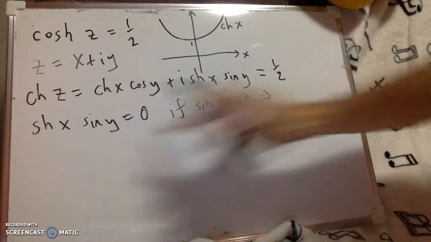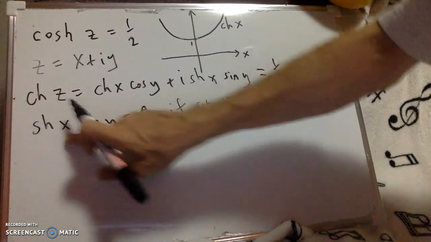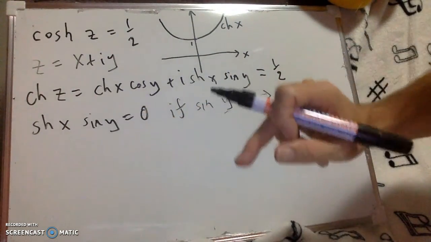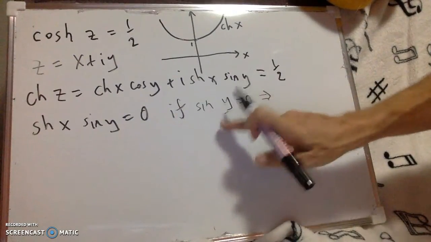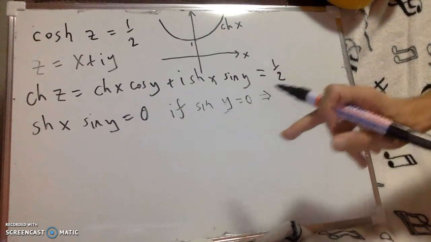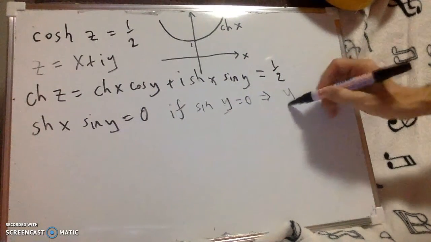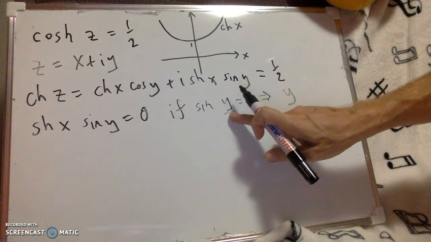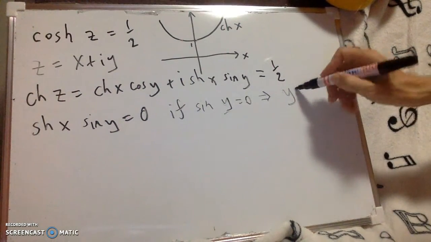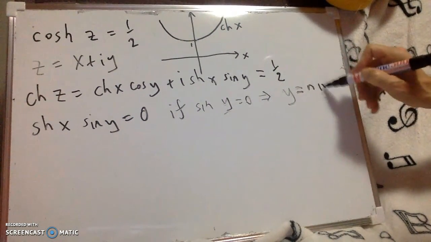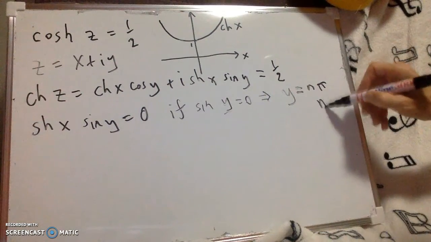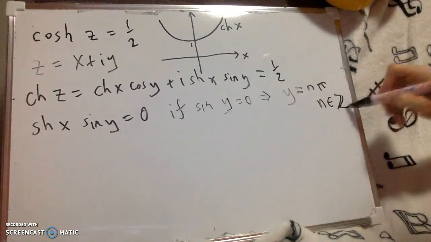Basically this implies that either sinh x is 0 or sin y is 0. Let's look at sin y equals 0 and just rule this out. When is sin y 0? Basically when y is equal to n pi, where n is an integer.